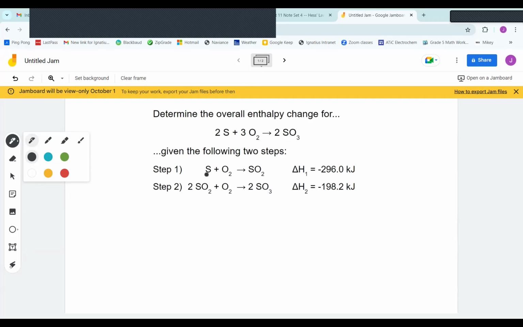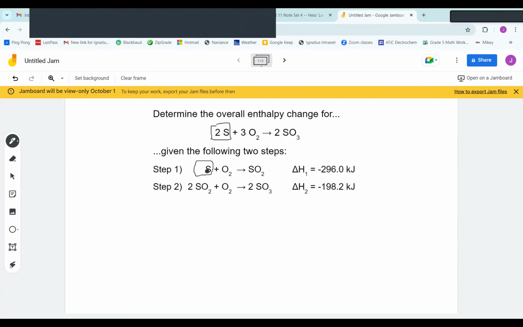So let's start with the sulfur. I see that in step 1 of the reaction mechanism, that is the series of steps that adds up to the overall equation, it has a coefficient of 1 and it appears on the left side of the arrow. In the overall equation, it's also on the left side of the arrow, but it has a coefficient of 2.